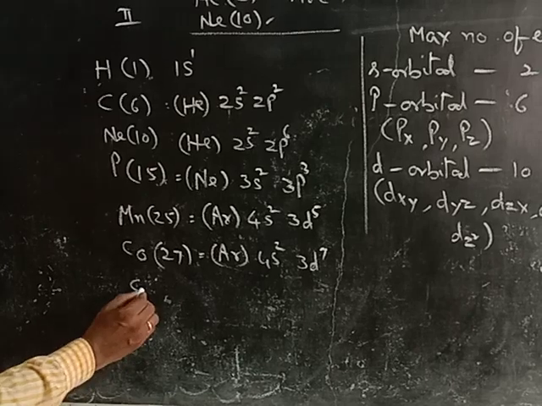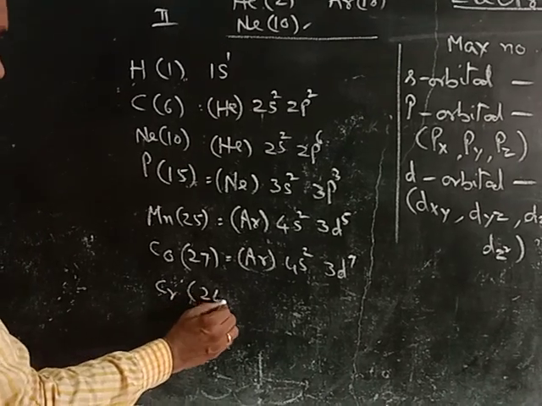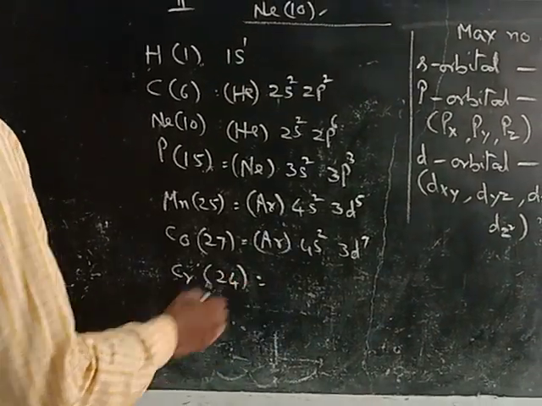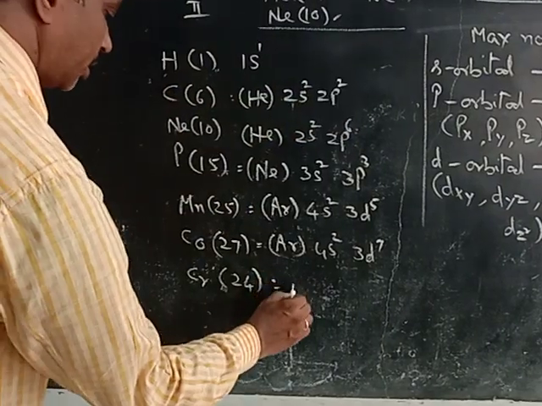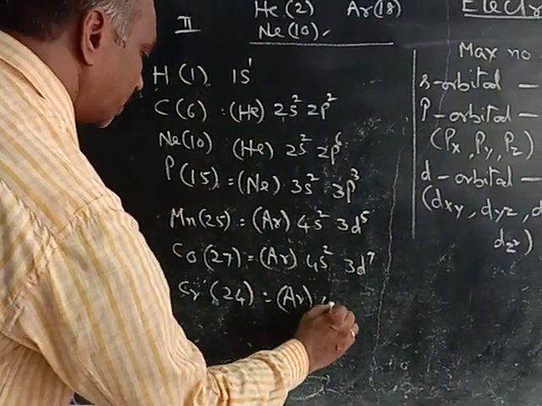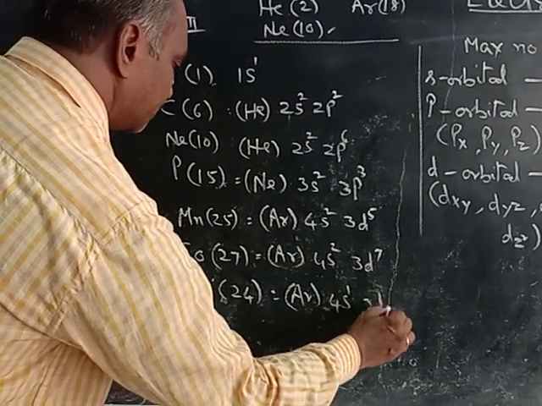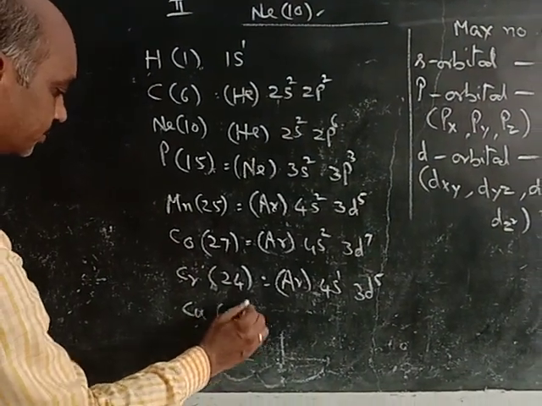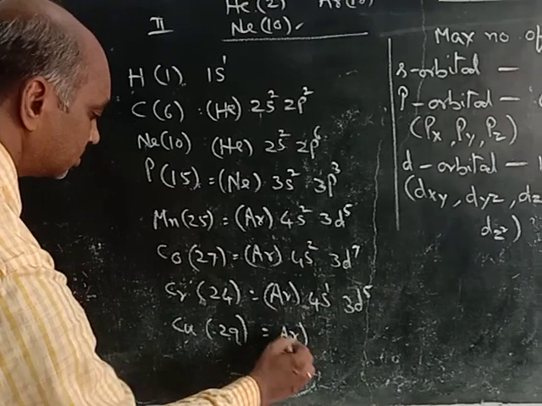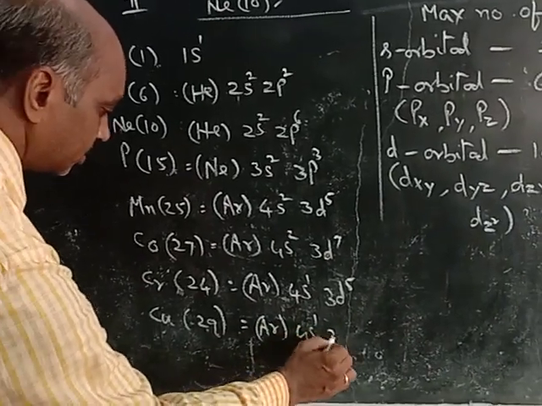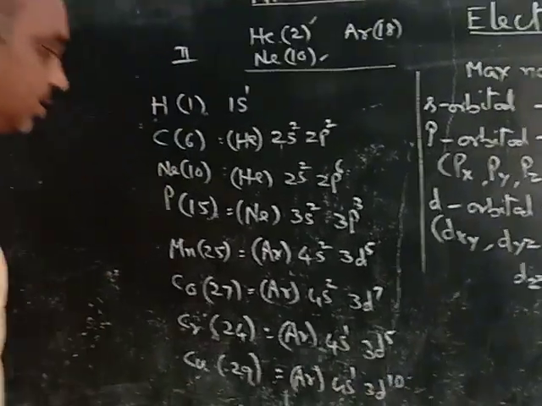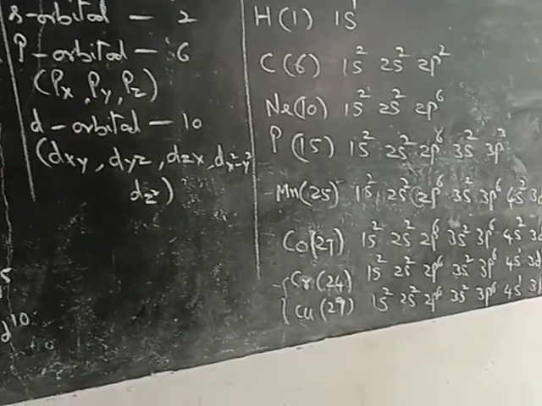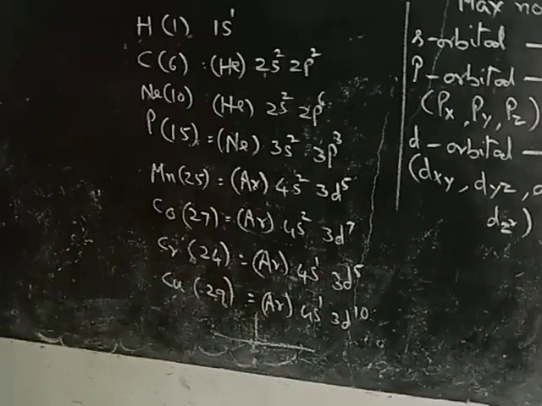Chromium 24: below is inert gas argon, so argon, 4s1, 3d5. And copper 29: argon, 4s1, 3d10. This is the second method.